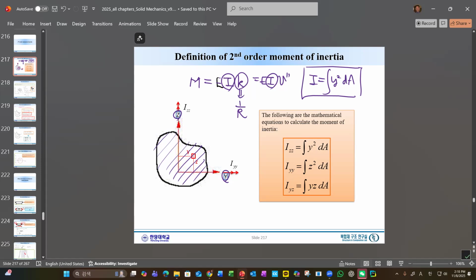So for example, with respect to this axis, this is the y-axis. Then we call y the distance. Let's say we have a small area here, that is dA, and y by definition is a distance.